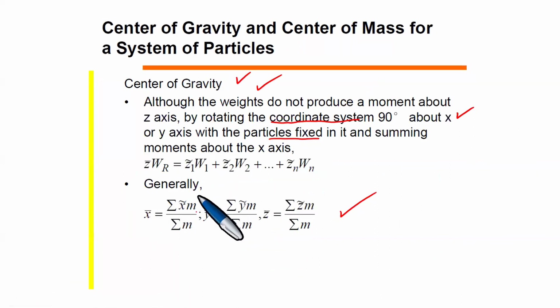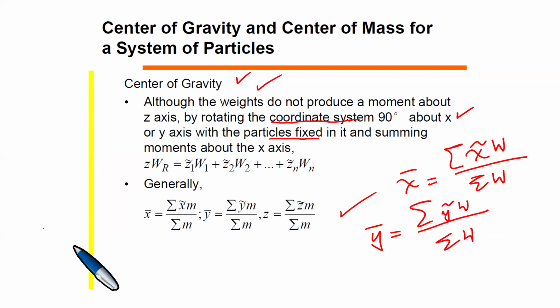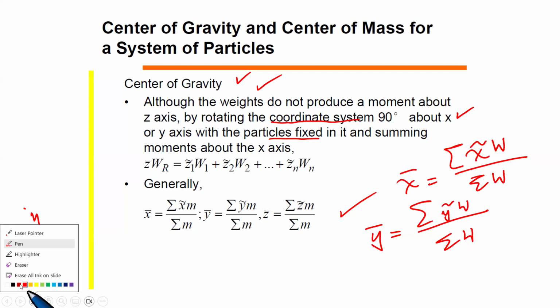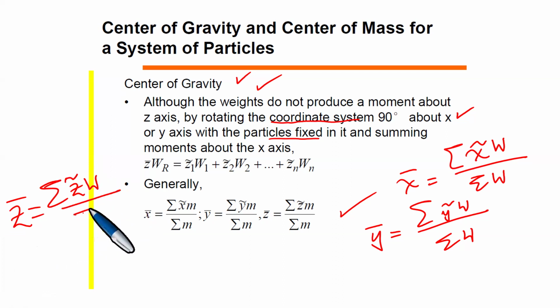Dealing with the center of gravity would mean x bar is the summation of x tilde W divided by the summation of W. That would mean y bar is the summation of y tilde W over the summation of W. Z bar is the summation of z tilde W divided by the summation of W.